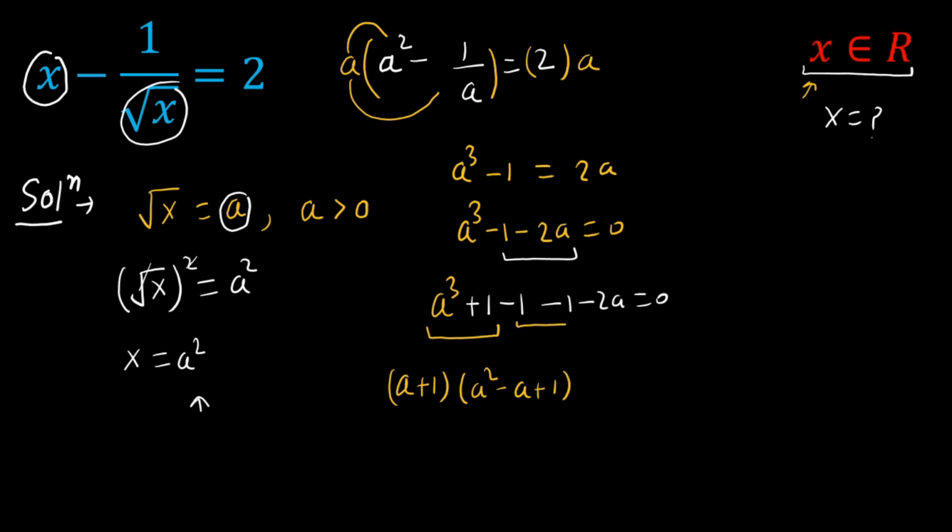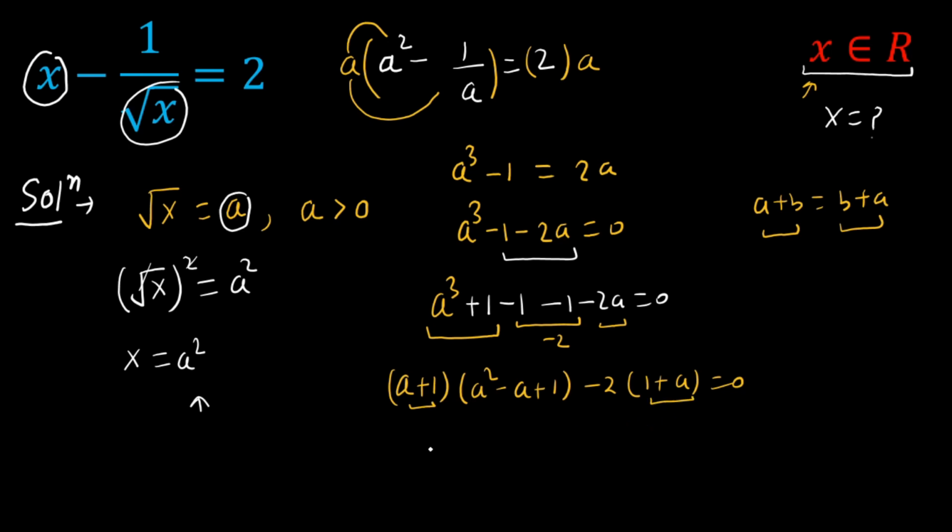And here minus 1 minus 1, that is minus 2, and here minus 2 times a. If we take common minus 2, then 1 plus a, and this equals 0. We know that a plus b equals b plus a because addition is commutative, so a plus 1 is the same as 1 plus a.